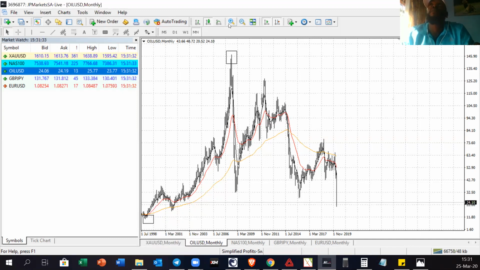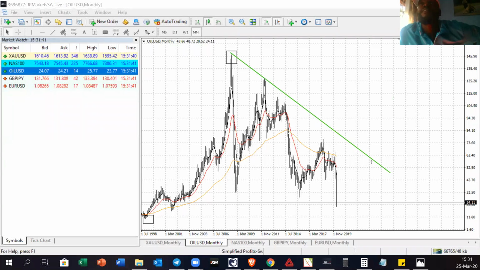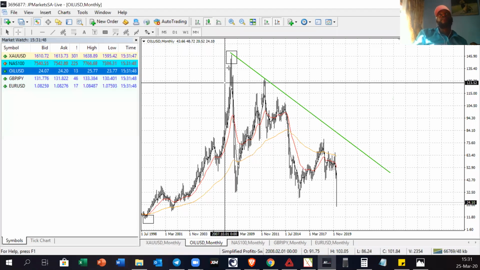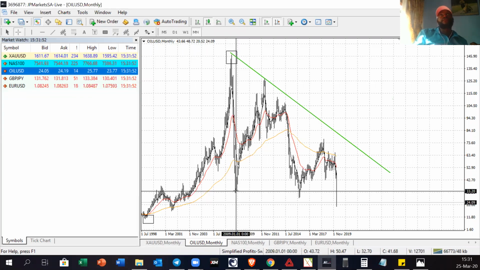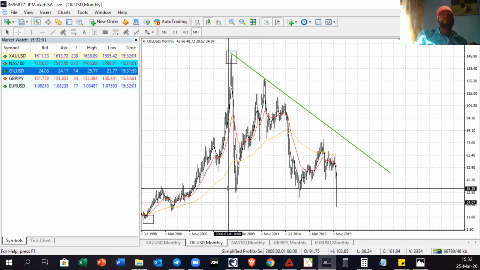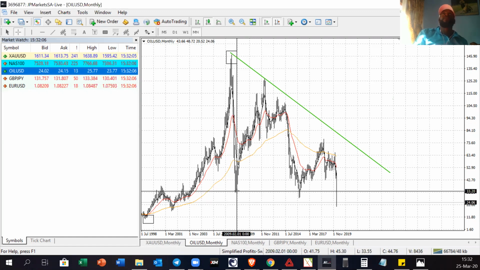And what happened in the previous week is not even the previous week, more like the previous few years. After we hit the high in 2008, it gave back all those gains from 145 to $33 in the space of just about a year.